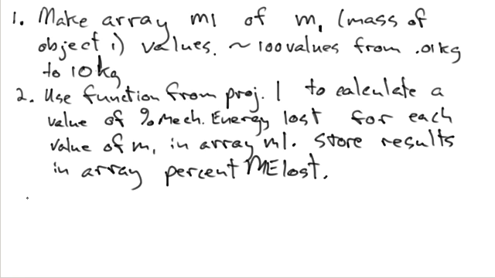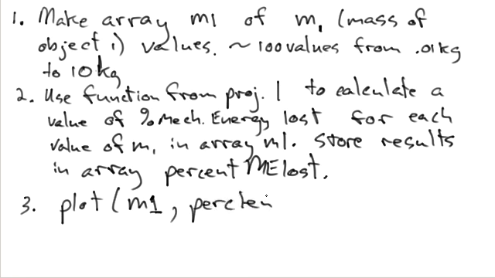And then 3, plot, I'm going to write it like this, M1, that's the array M1, comma, percent ME lost, all one entity, no spaces, and that'll actually do it.